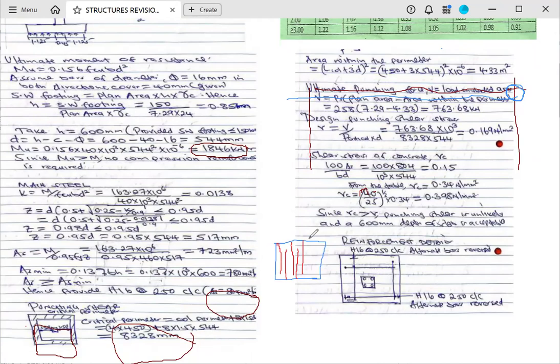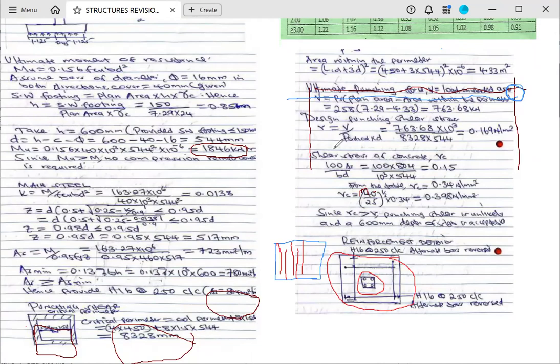So as you near the edge of the pad, you find that the bending moment is very low, hence you don't need 100% of steel to reach that particular area. That's what we mean by alternate bars reversed. So this is our column, and inside here is our column, and then this is our footing. This is what we call reinforcement detailing.